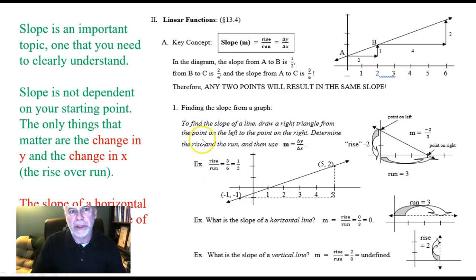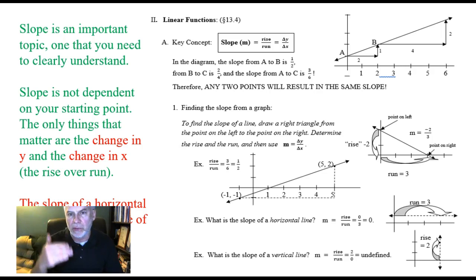Now, slope is a very important concept, one that you really need to understand. Slope is not dependent on your starting point. You could start anywhere, but it's dependent on how much you change in the y direction, that's up and down, divided by how much you change in the x direction, which is usually called the run.